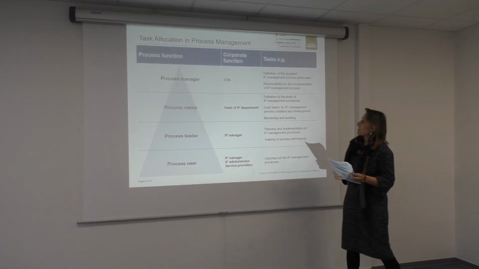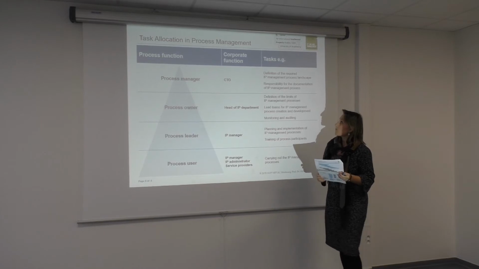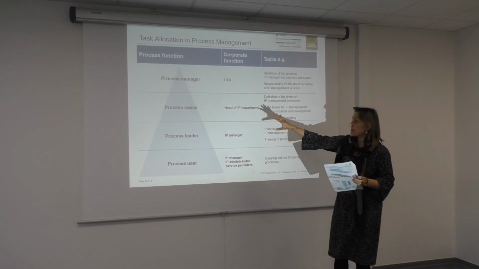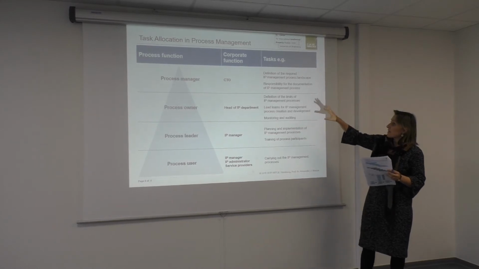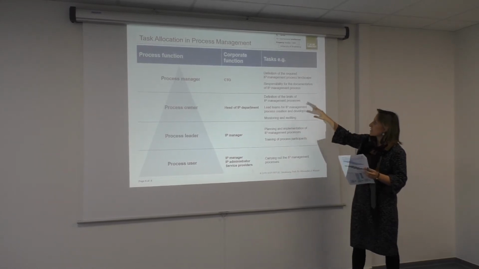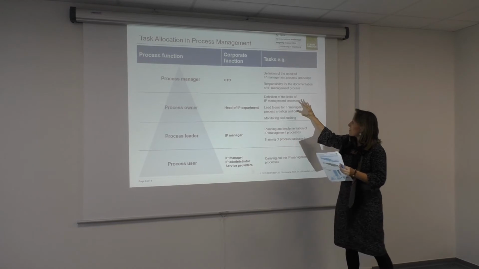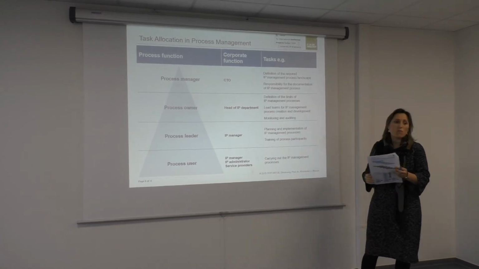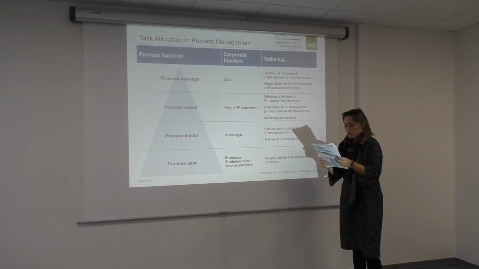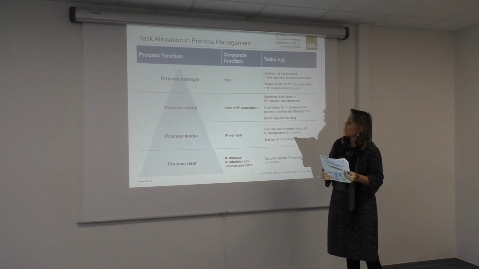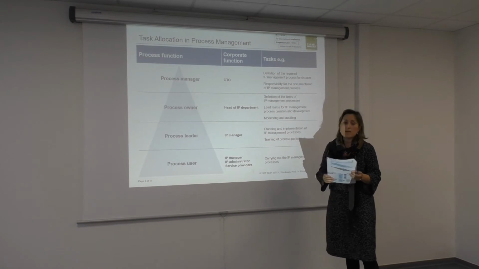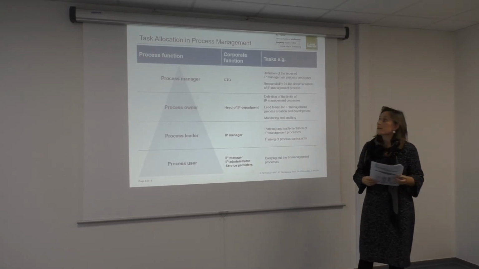Having said this, in process management we can distinguish the process manager, for instance, whose task is the definition of the required IP management process landscapes, or being responsible for the documentation of the IP management process. And this process function of the process manager could be assigned to the CTO.